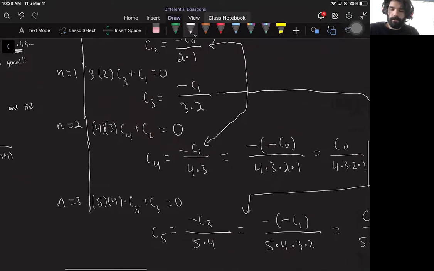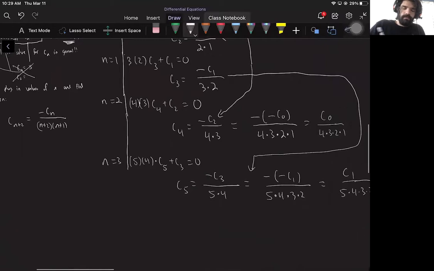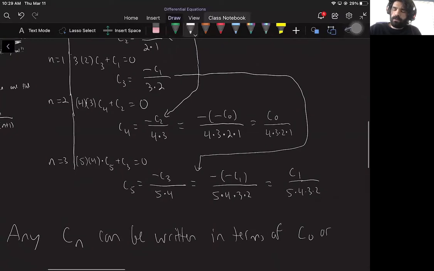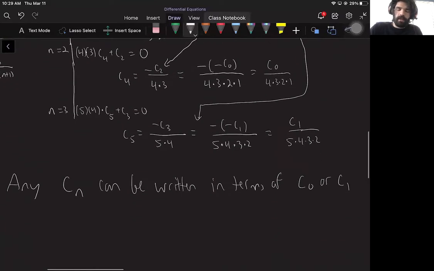So now what this is saying is that any Cn in the future can be written in terms of either C0 or C1. So what do I mean? Pick any your favorite number.